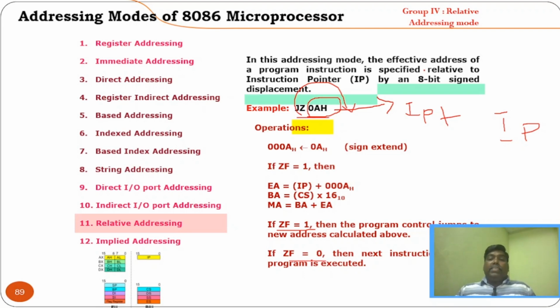So you can see here in this addressing mode, the effective address of the program instruction is specified relative to the instruction pointer, which means this displacement value plus the instruction pointer will give you the effective address, right? So this instruction will be executed when the ZF flag is set. That is, if the ZF flag is set, then it will jump to the address location IP plus 0AH. If not, it will go to the next instruction.